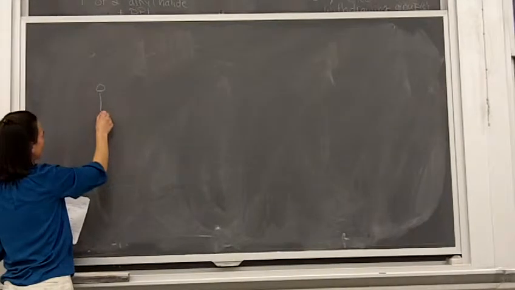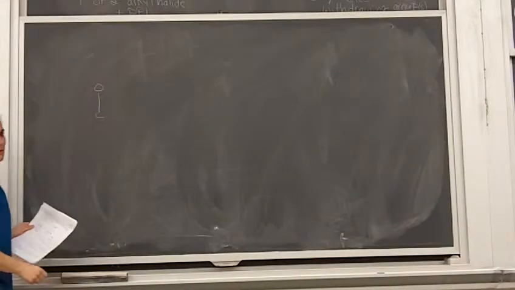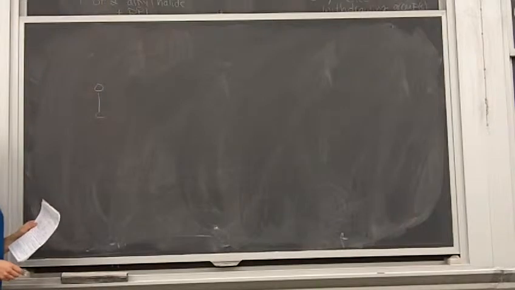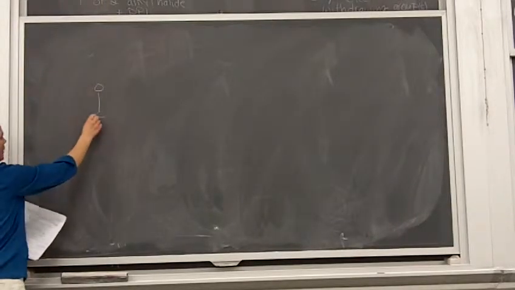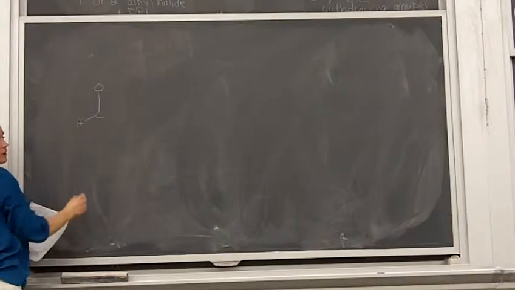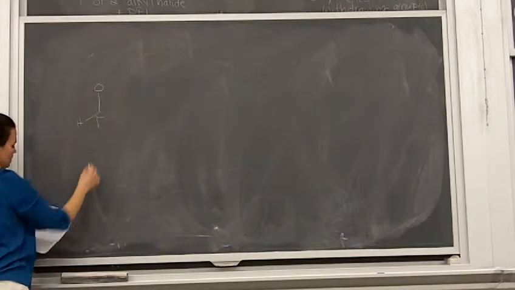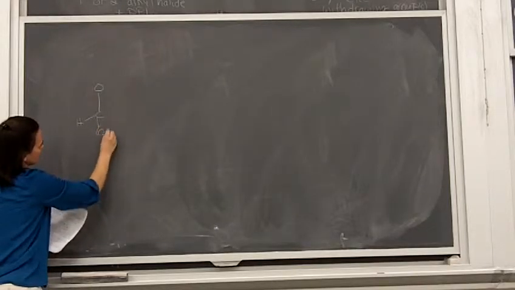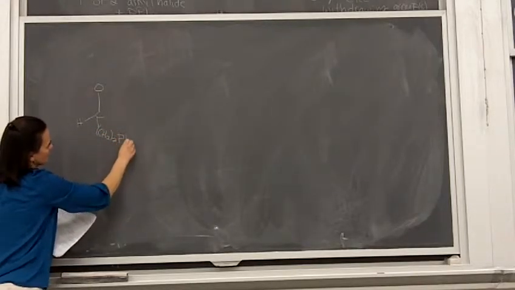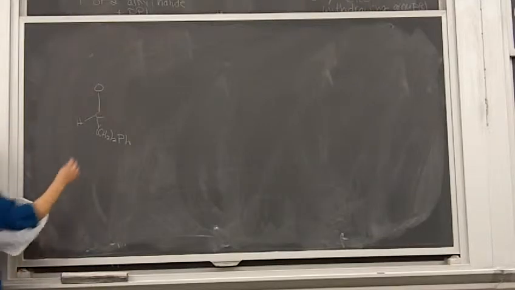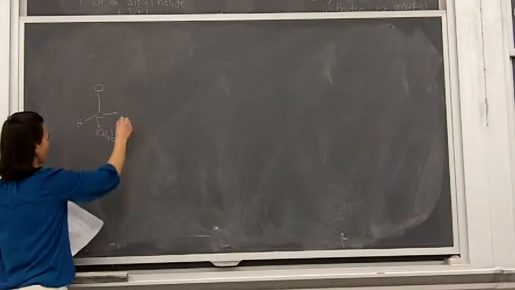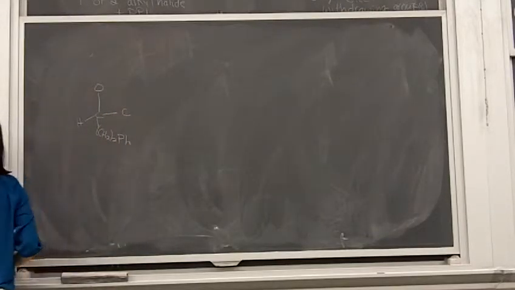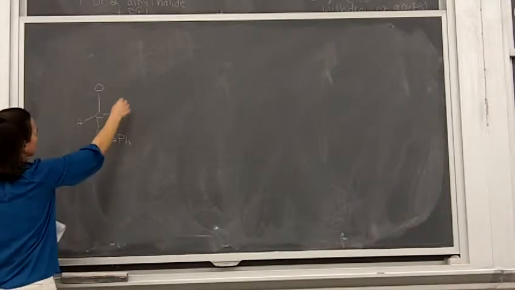Now what would be off this carbon? Proton, yep. And then what else? The CH2 phenyl. Yeah, so I'm going to try and write it here so it doesn't get in the way of things, okay? Then this is connected to another carbon. And then what's going to be off?